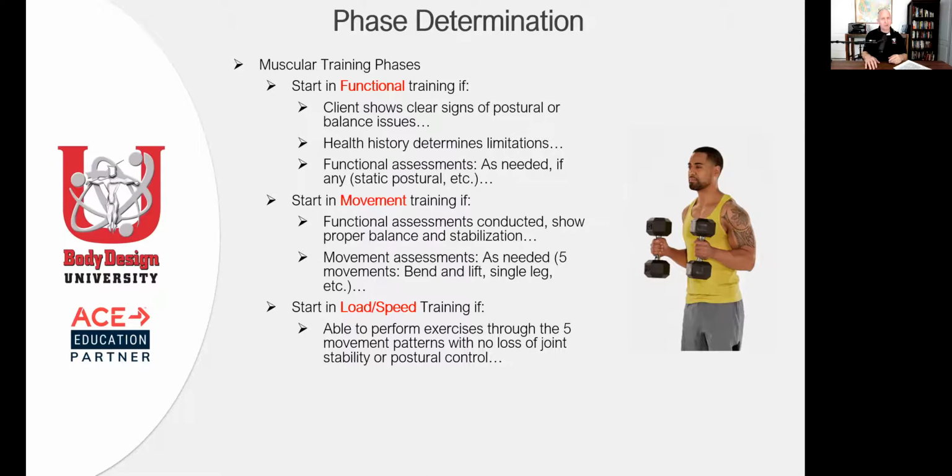I know a lot of folks who are avid golfers, but they're not really in good shape and they have balance issues and their technique is terrible. Now you're overthinking it. The fact that an individual is an avid golfer and is trying to improve their game, that's a good indicator that you might be seeing somebody that, as long as they have the 5 movement patterns, no loss of joint stability or postural control, you can possibly start them in the load speed phase.